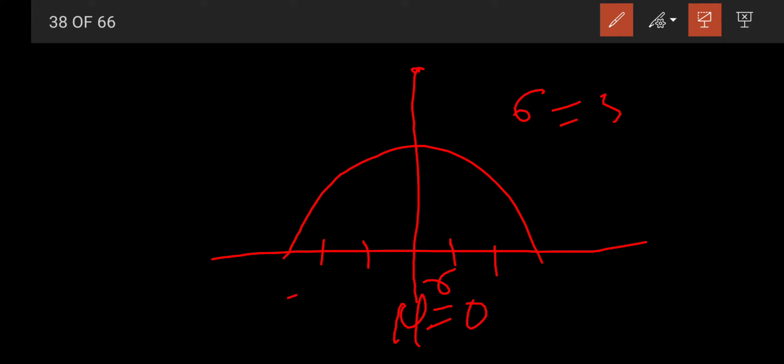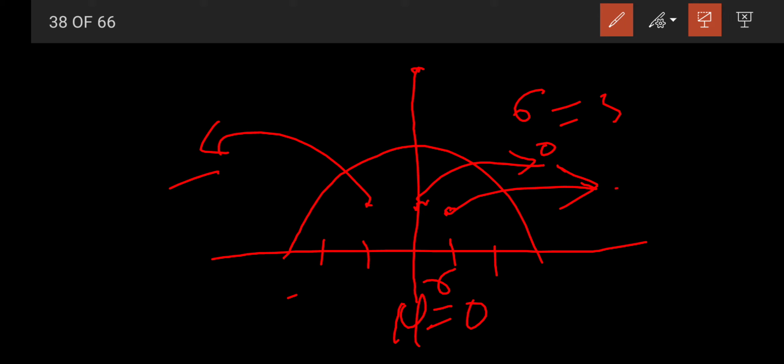If it is a random sample, then it can be drawn from here, from here, or from here. It can be negative, it can be zero, it can be positive, right? Everything. But the question asks: what is the probability that it is greater than zero, or positive? Now see how we solve this.